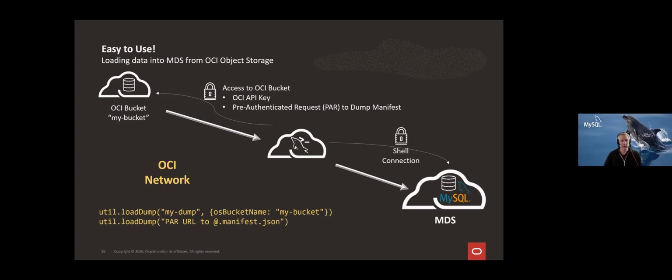Or if it's in a bucket, the files that are stored in the bucket would be prefixed in this case with the my dump slash name. The name of the file would be prefixed by that, so it acts a little bit like a directory in the object storage. And then the bucket is my bucket.